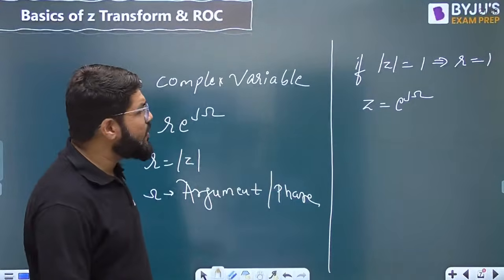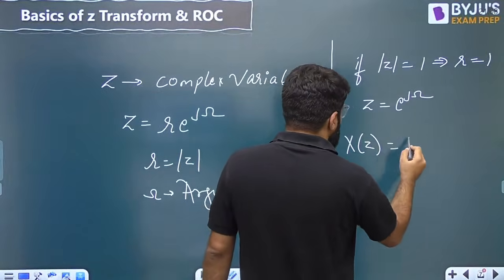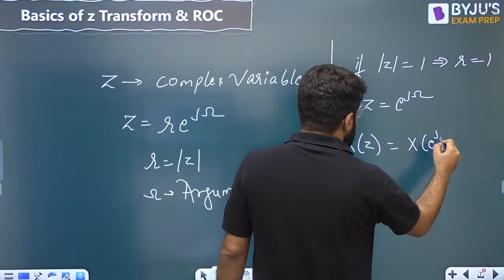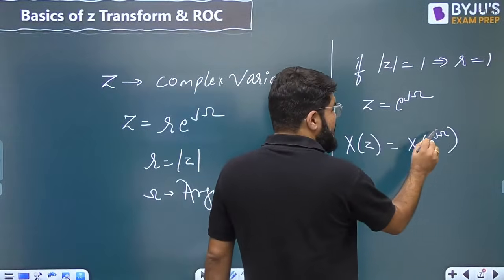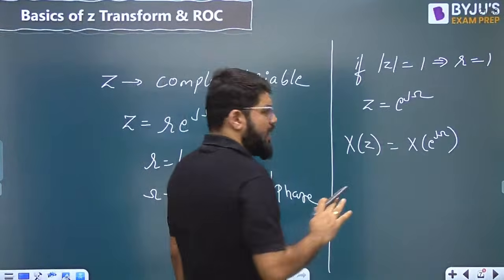When you take Z is equal to e power j omega, the X of Z becomes X of e raised to the power j omega, which eventually is a function of only omega, right?